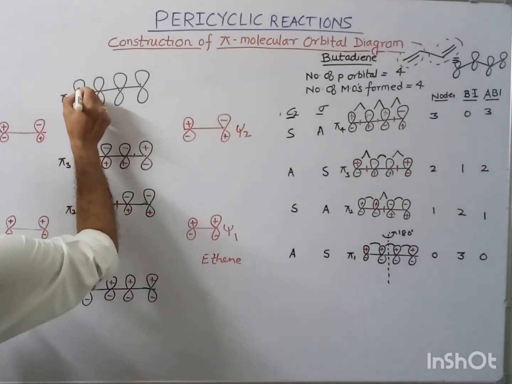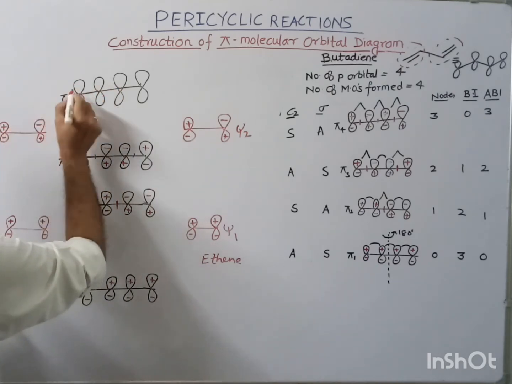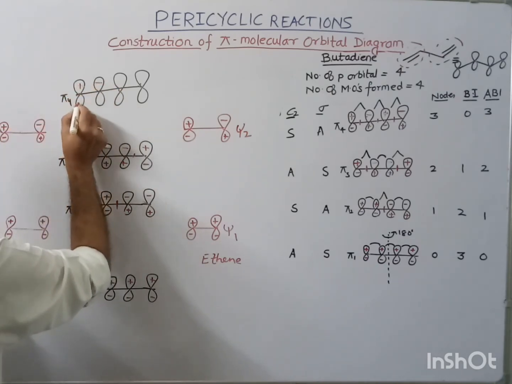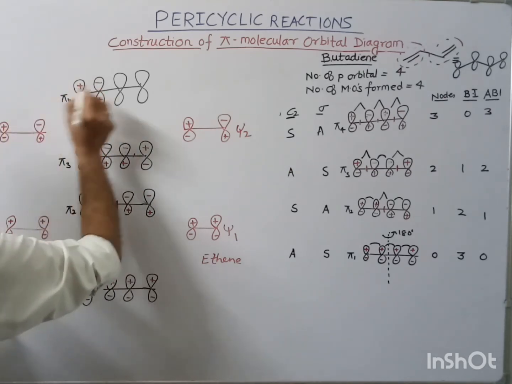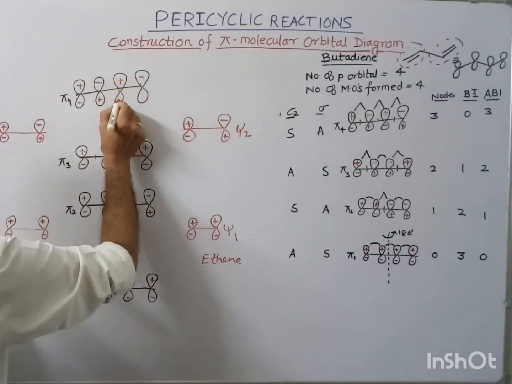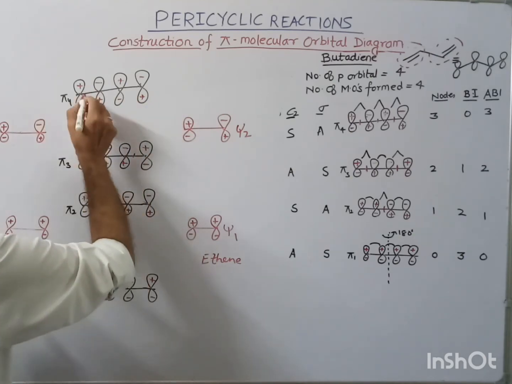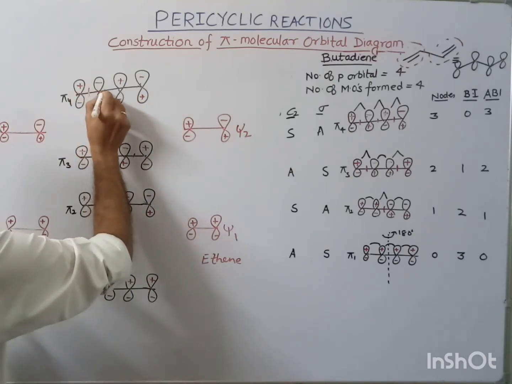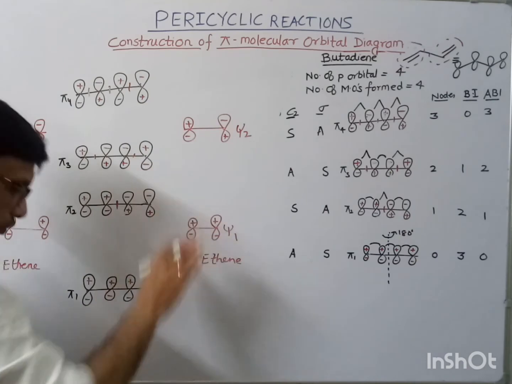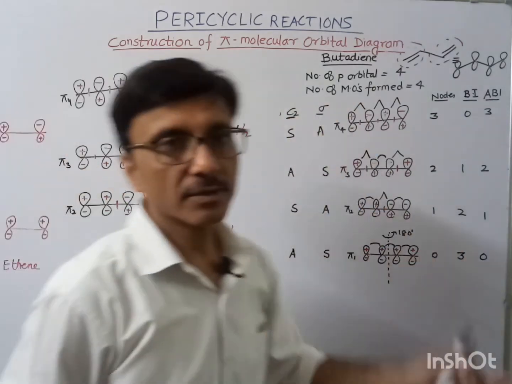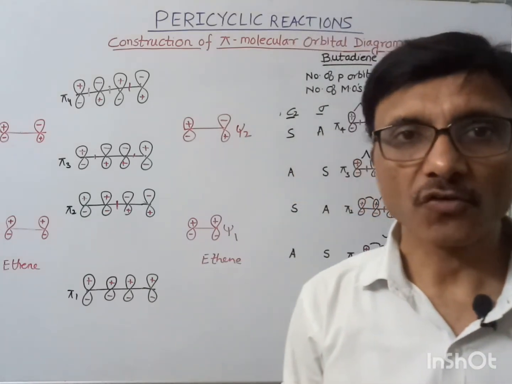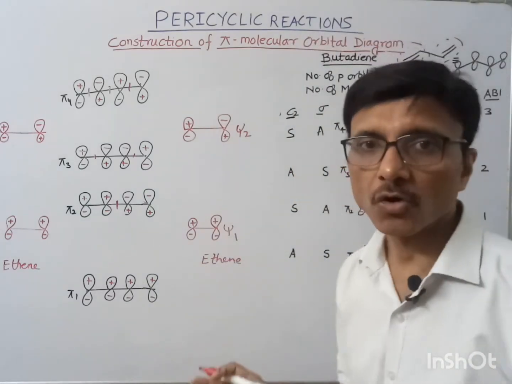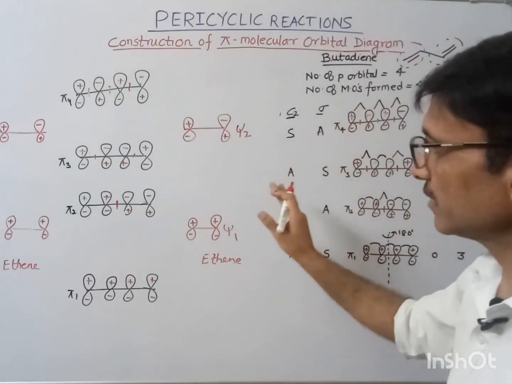Now again this can be combined: plus, minus, minus, plus. So we combine plus, minus, plus, minus. The number of nodes is 3: 1, 2, 3. So we can consider the pi molecular orbitals of butadiene as the combination of two ethene systems.